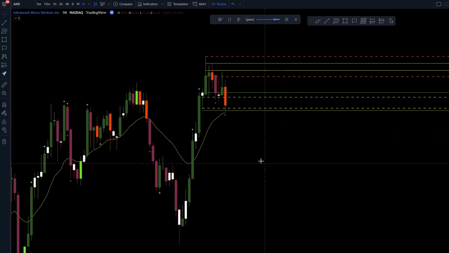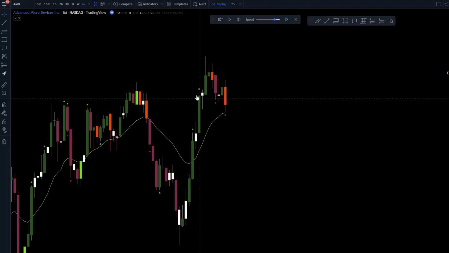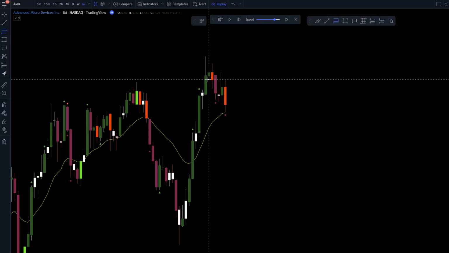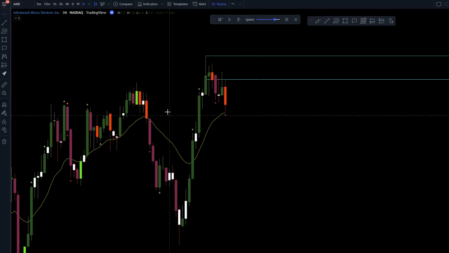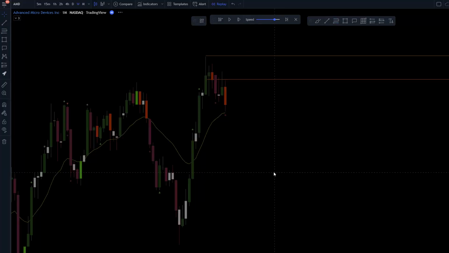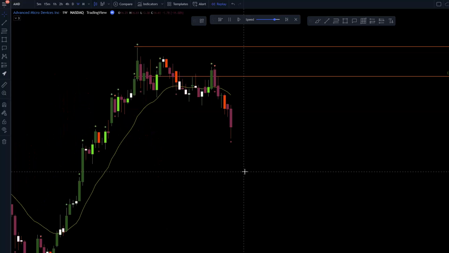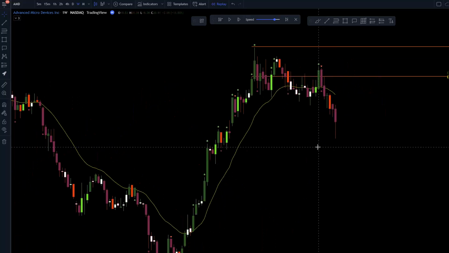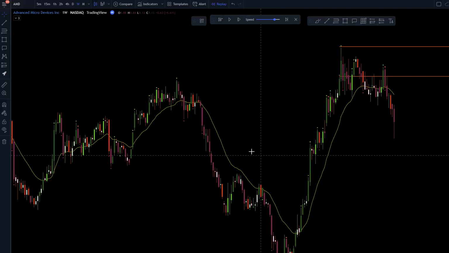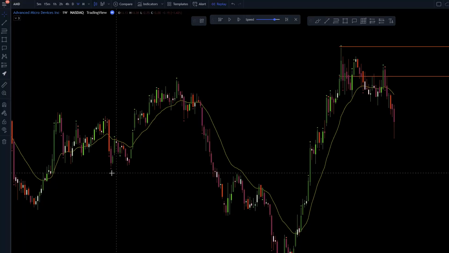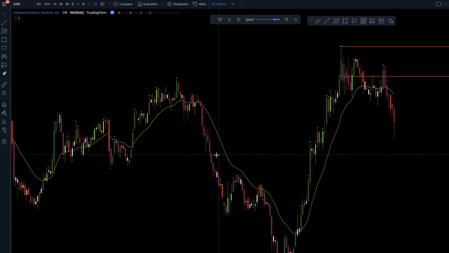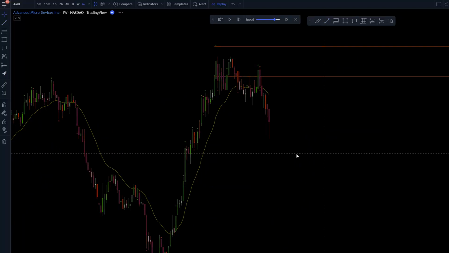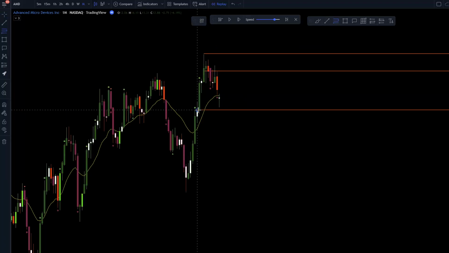Okay, this area is eliminated, and no longer trending. Let's see what happens. This is not a valid trade.